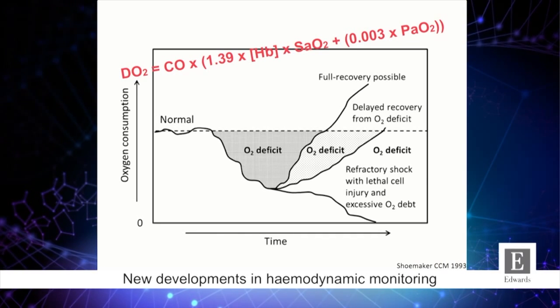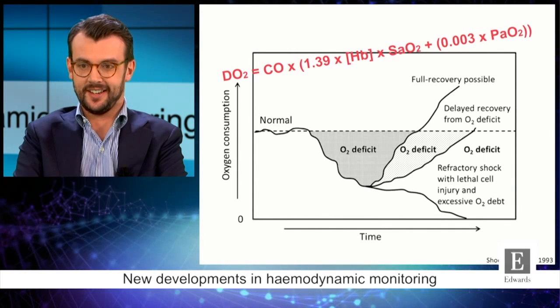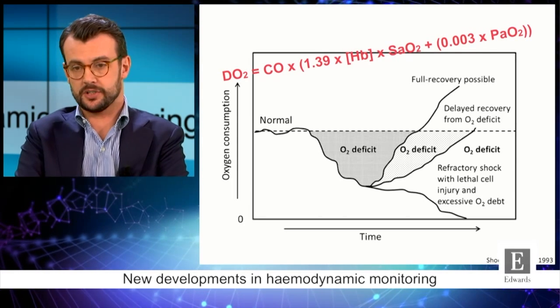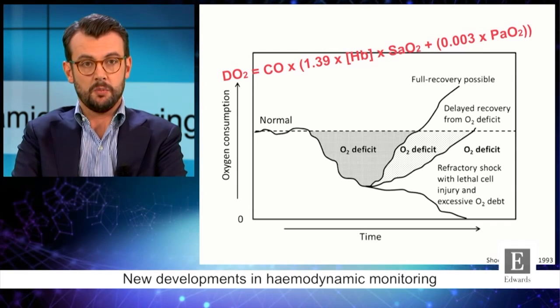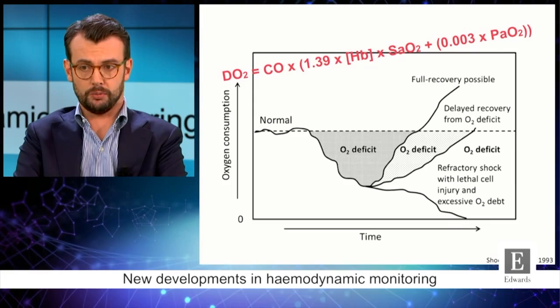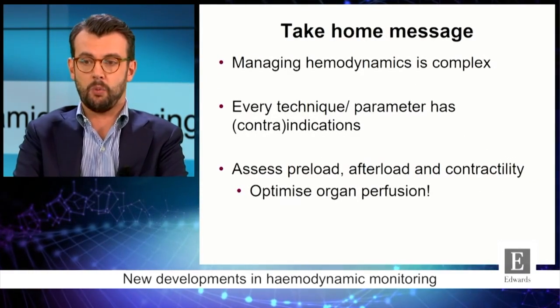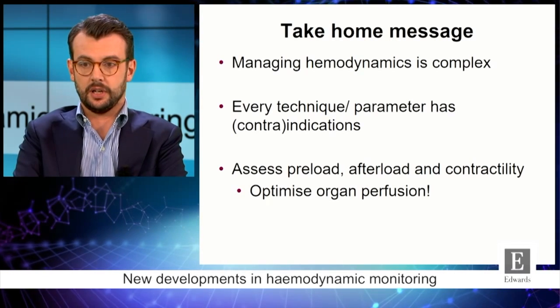So it's all about delivering oxygen to the tissue. And if you look at the formula we've all learned a while back in medical school, at least for me, you have to look at the amount of erythrocytes that are circulating and keep Hb at a certain level, give enough oxygen, but ultimately it's all about delivering the oxygen, so flow. So for this question, what parameters do I need to look at to assess hemodynamics?